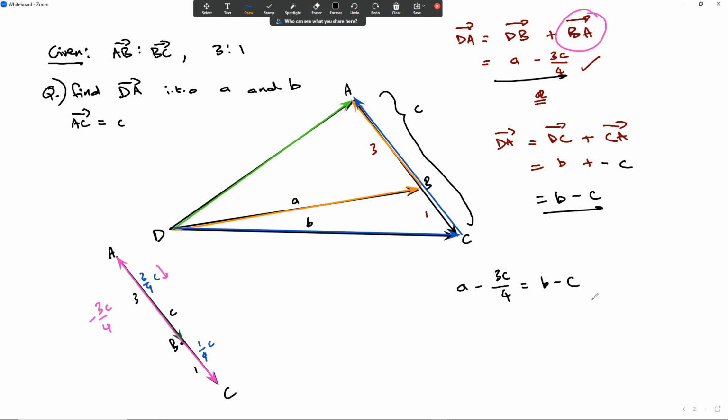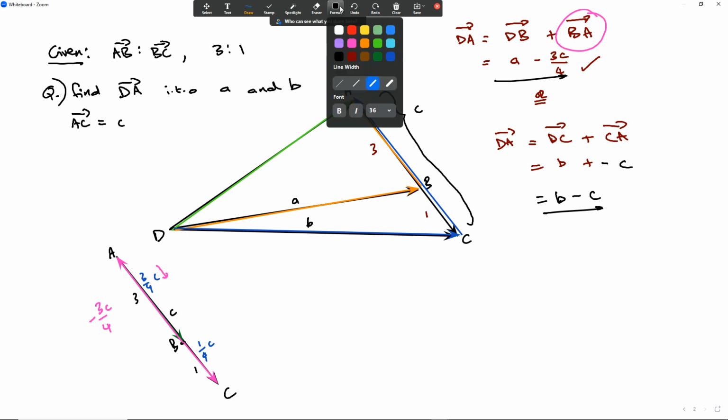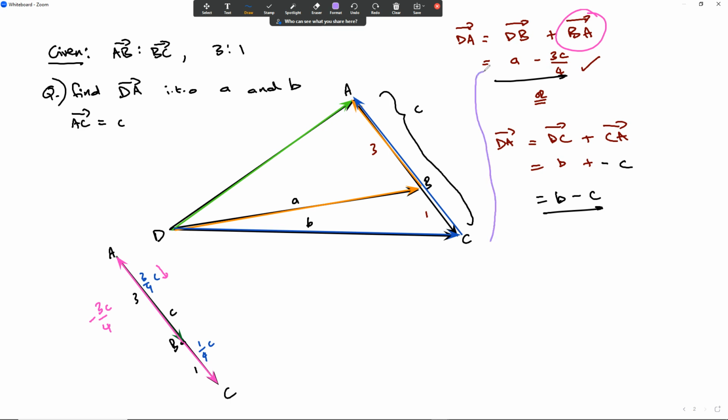And they both equal vector dA. So how would I incorporate both of them to be in the same equation? Do I need to for both of them? Maybe, maybe not. I can make C the subject of the formula in either and get it in terms of dA. Maybe that will help. So let's say I take this vector over here. Vector dA is equal to a minus 3C/4.